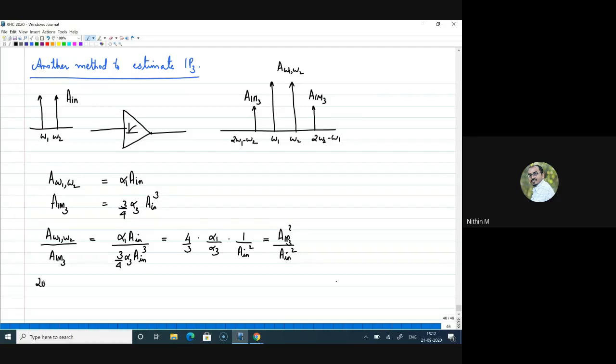Or if I write in terms of logarithm, 20 log A omega 1 omega 2, which is the amplitude at the output. What I stated in the beginning is that the value I'm getting as AIP3 may not be accurate, but we use it as a check or to get an approximate value. Now I'm trying to find some other relation so that I can correlate everything when I design an RF circuit or an RF system.